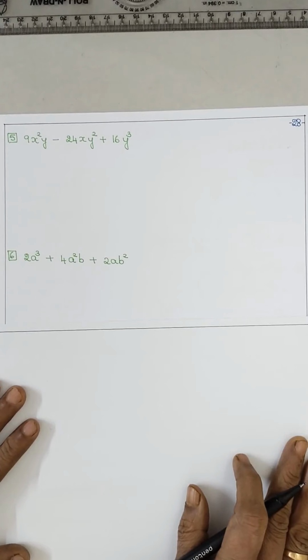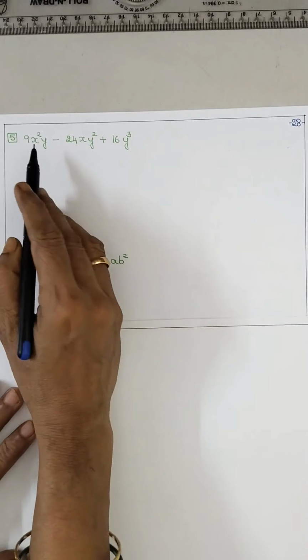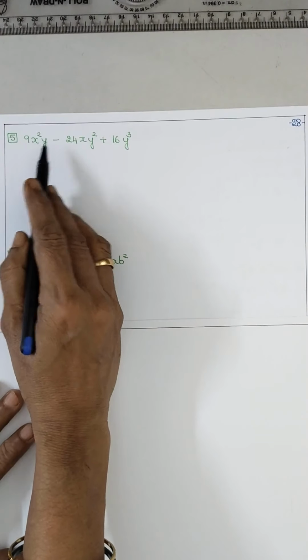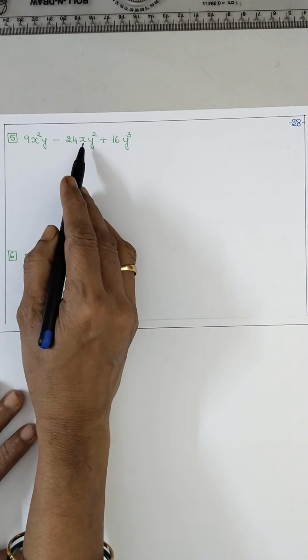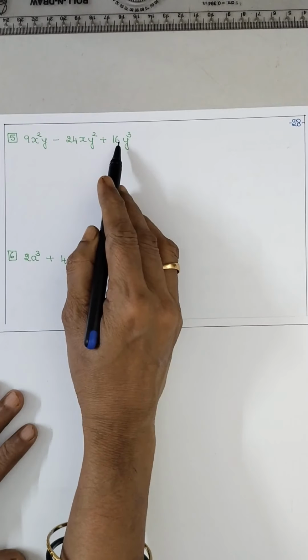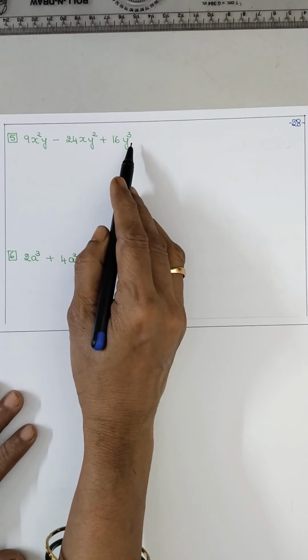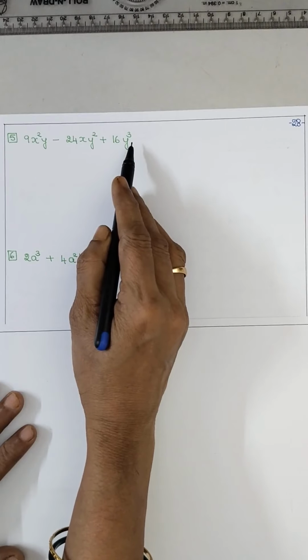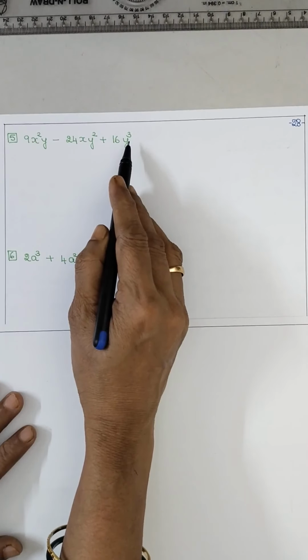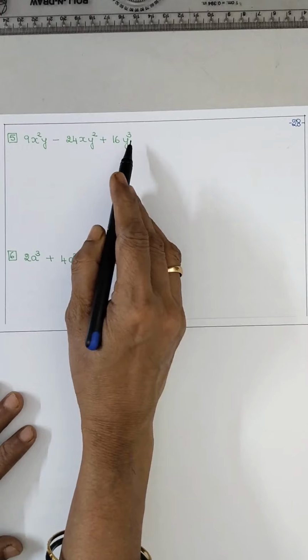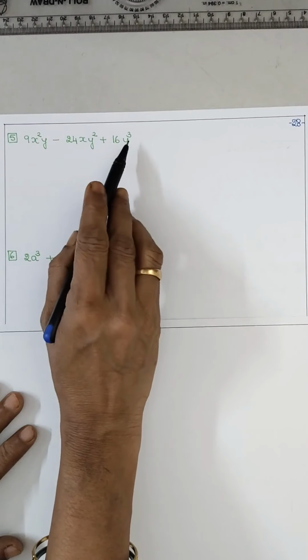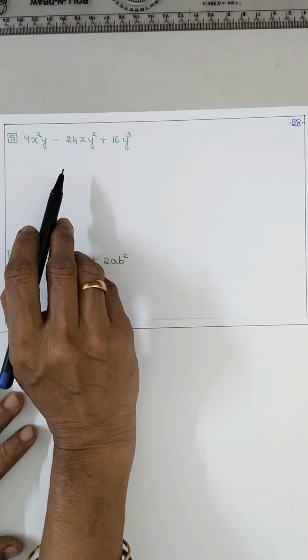Now here it is not in the regular format. It is 9x squared y minus 24xy squared plus 16y cubed. See, in the identities we didn't have a cube. Now check. y is common everywhere.